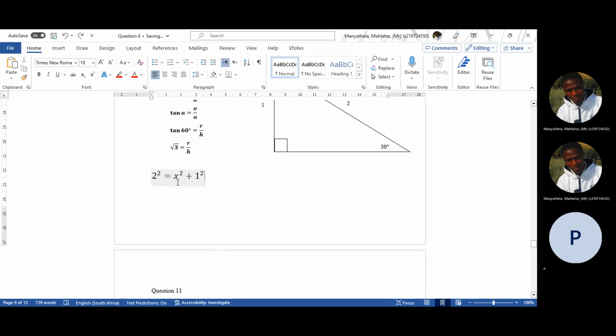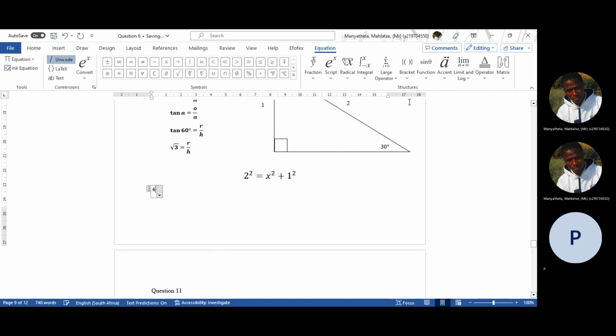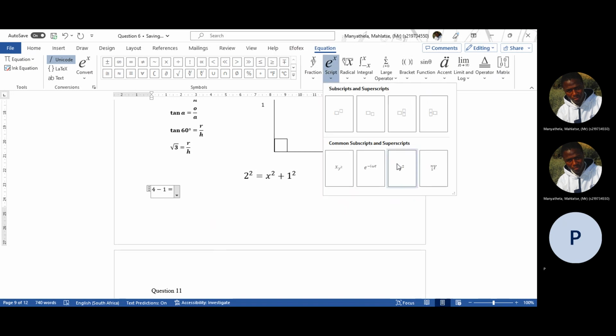If we take x squared across, we'll have, okay, 2 squared is 4, which is equal to, okay, we are taking 1 across. 4 minus 1 is equal to x squared.